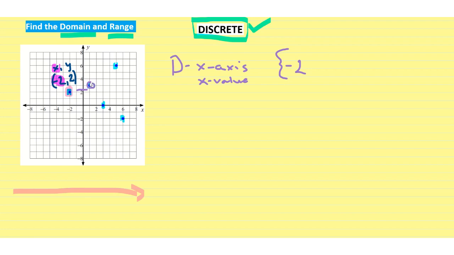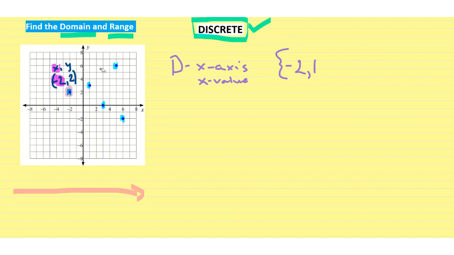This point has coordinates of 1 and 3. So its X value would be the 1, and that literally would be the next value in my domain, 1.